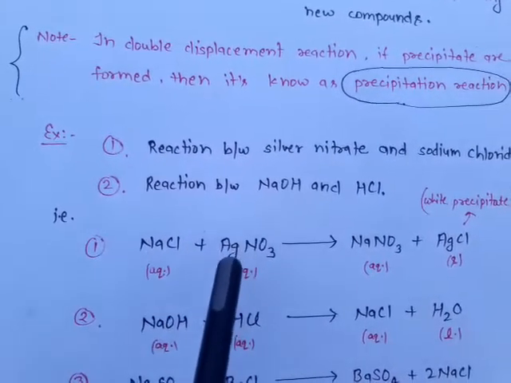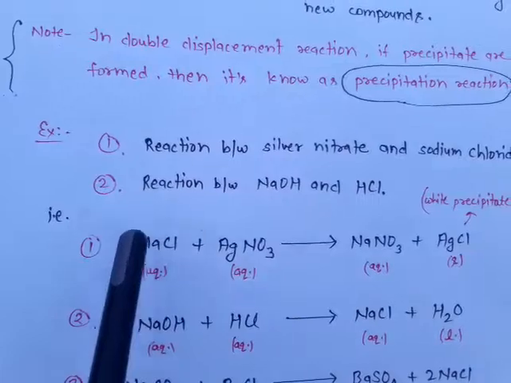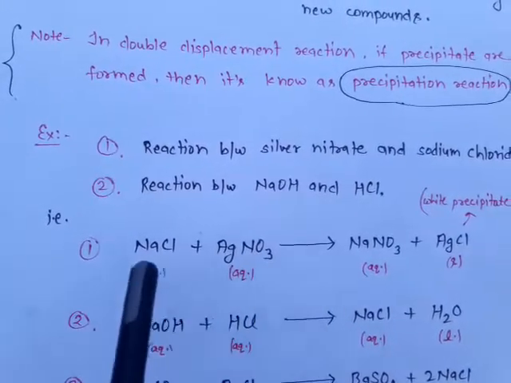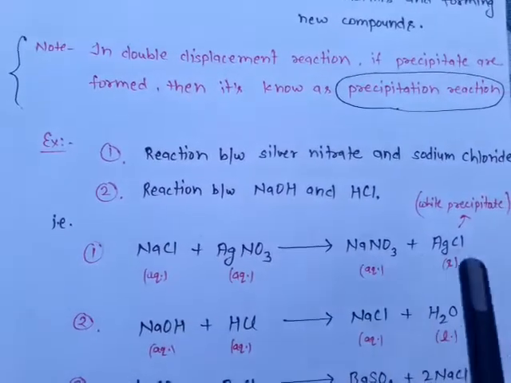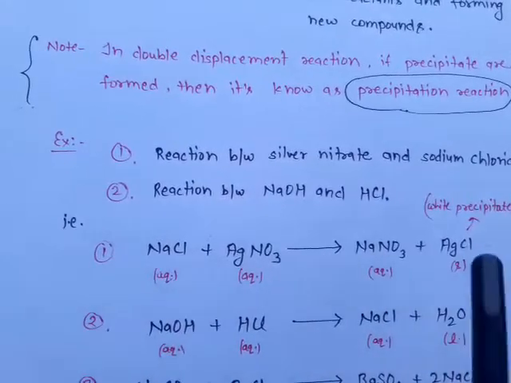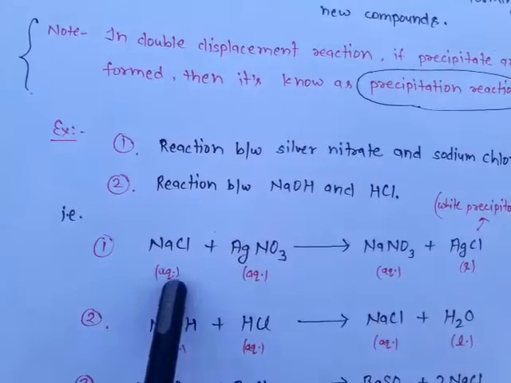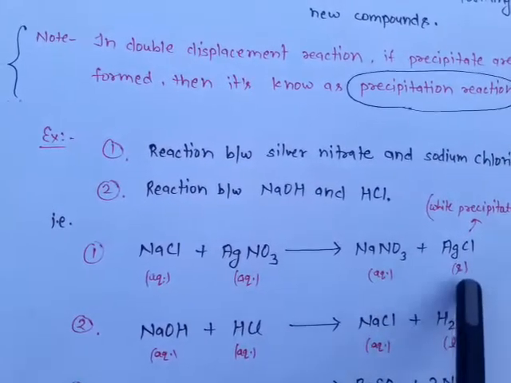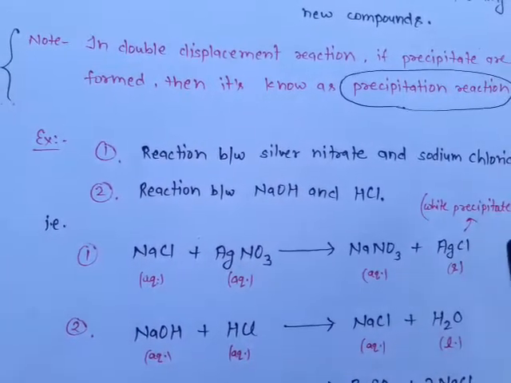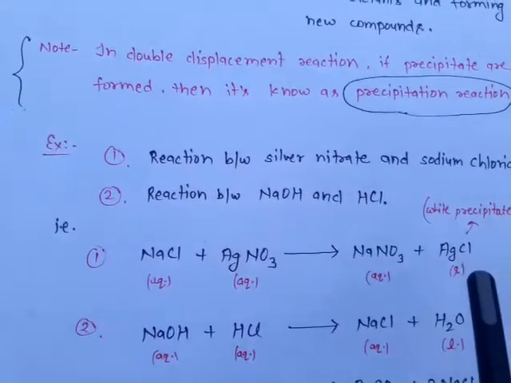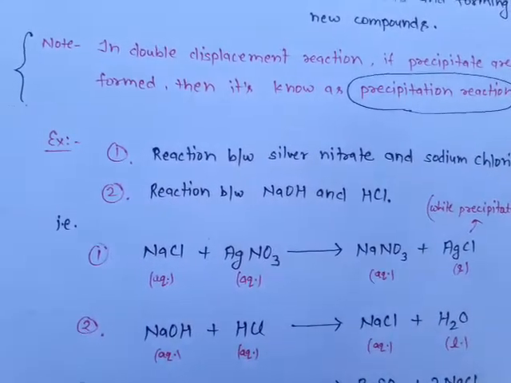Two ions are exchanged in the reactants to form new products, so this is an example of a double displacement reaction. These are the states: aqueous, aqueous, aqueous and solid. Here a white precipitate of AgCl is formed, so this is also an example of a precipitation reaction.